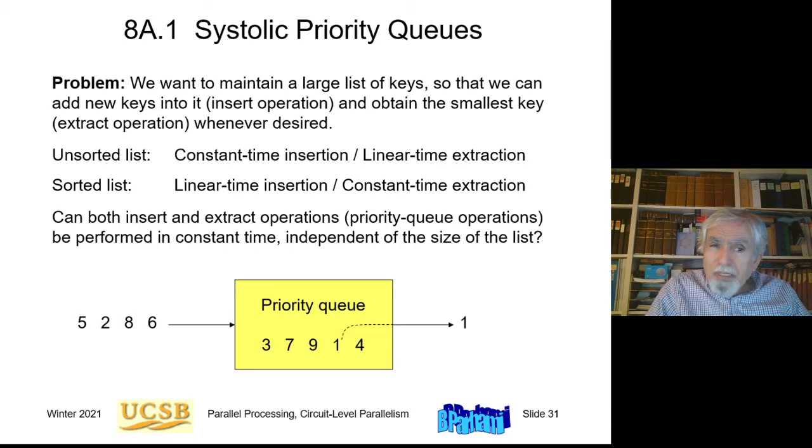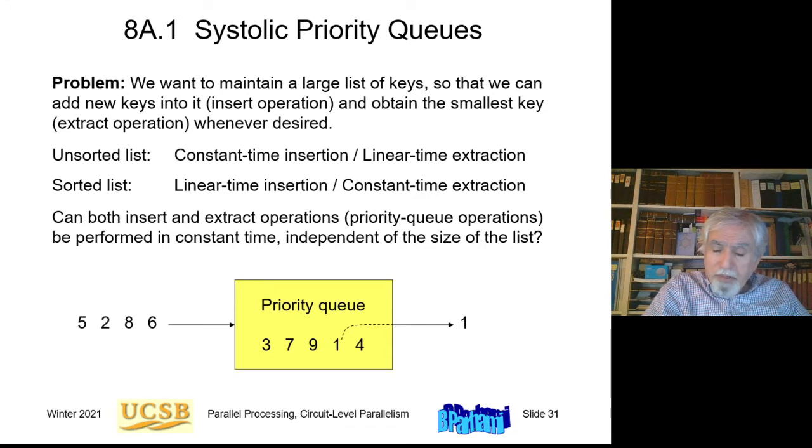So a natural question is, can both insert and extract operations, which are the main priority queue operations, be performed in constant time, independent of the size of the list? Even if I have 10,000 numbers in the priority queue, I can still insert in constant time, and I can extract in constant time.